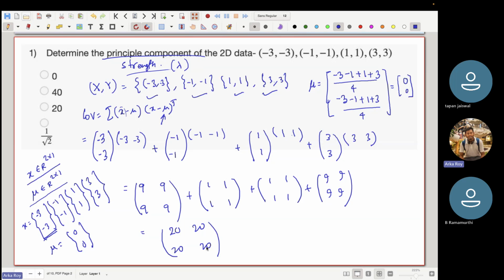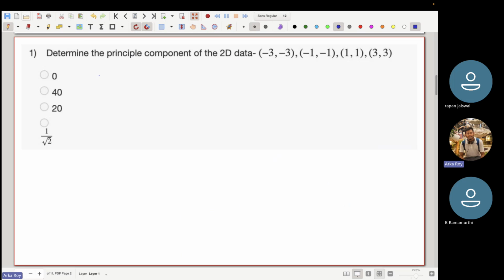After you find the covariance matrix, your next job is to find the eigenvalues for this matrix. Let me take another page. Your covariance matrix is 20, 20, 20, 20.